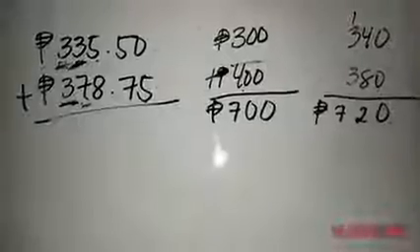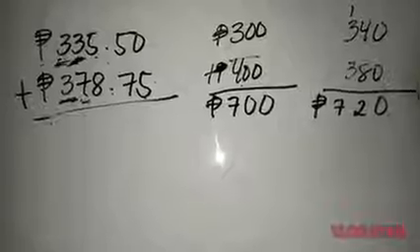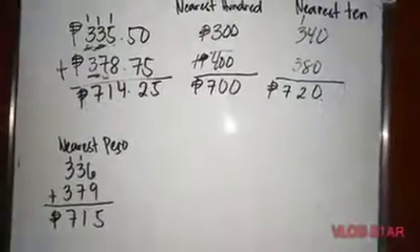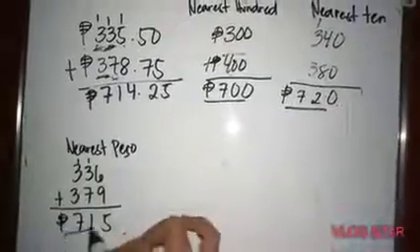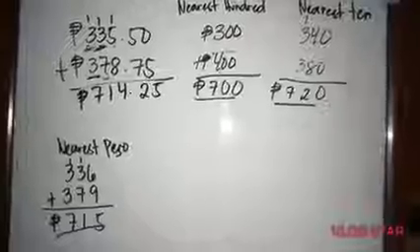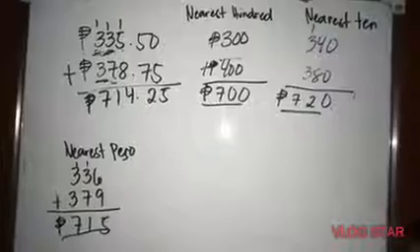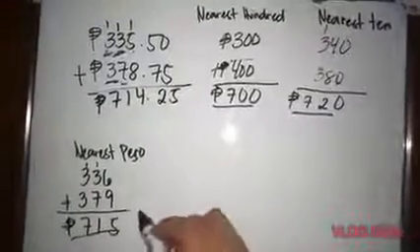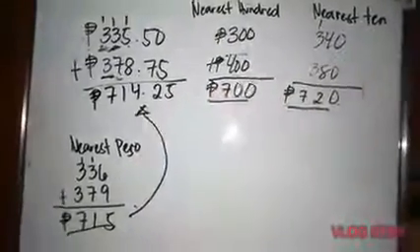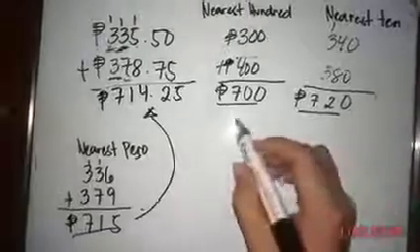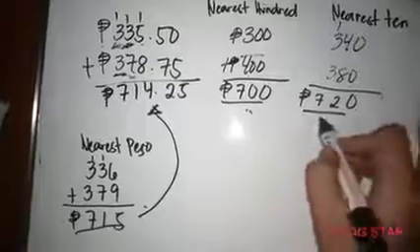But actually, when you do rounding, or when you estimate the sum of decimals, if we compare the estimate sums, the estimate sum to the nearest peso is closer to the actual sum than the estimate to the nearest hundred and nearest tens.